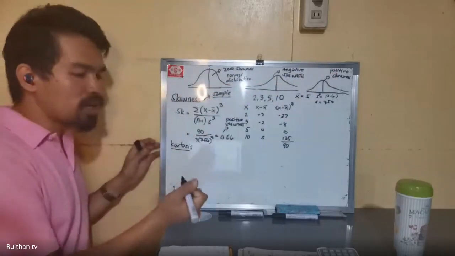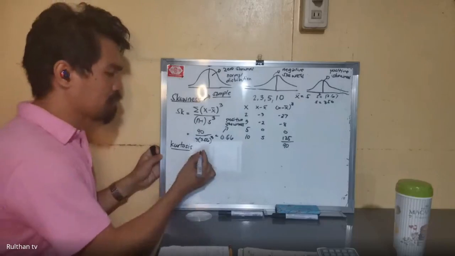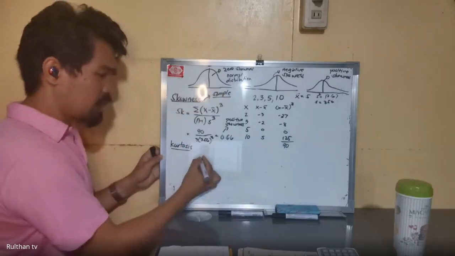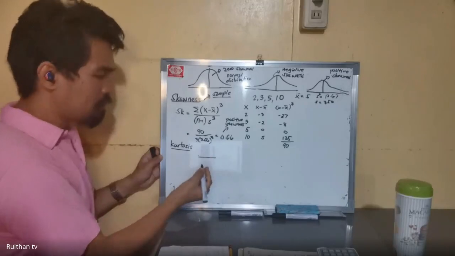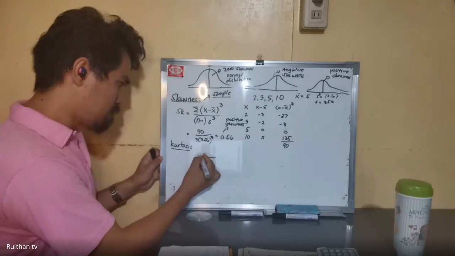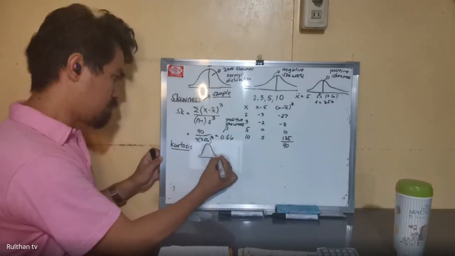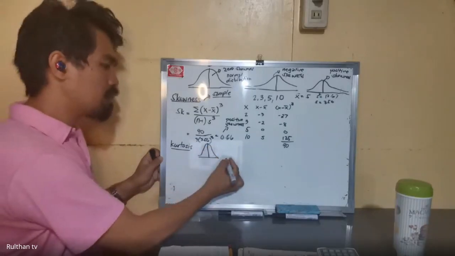If I'm going to illustrate it, for example, if I'm talking about a normal distribution, so a normal distribution like this. How am I going to draw it?